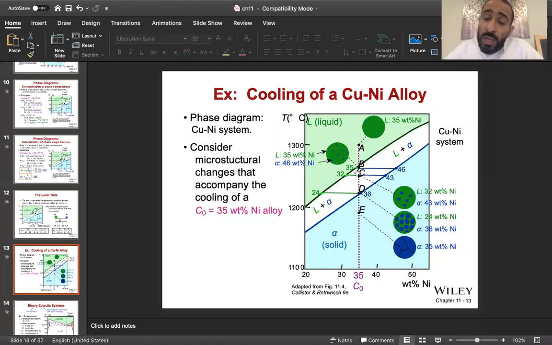Once you continue cooling down to point C, the solid phase starts to grow larger and to consume the liquid phase. Once you hit D, now you have more solid phase. Once you get to E, all the liquid has transformed to solid phase. So as you can see, there is a change happening in the microstructure of the material as you're cooling down from one temperature to another at a specific position.